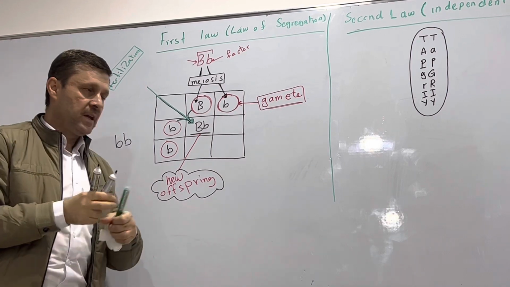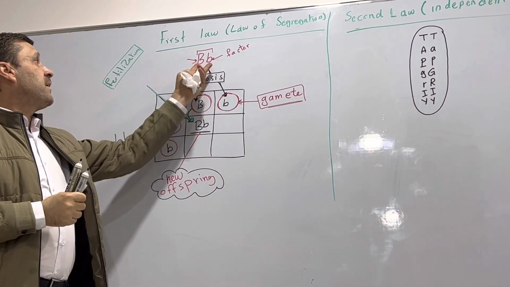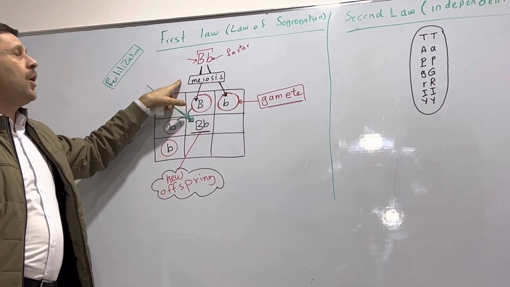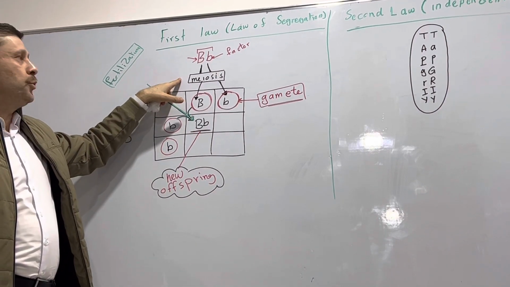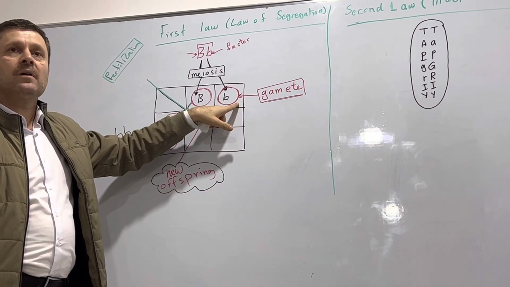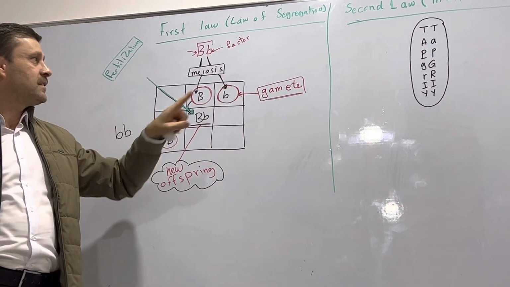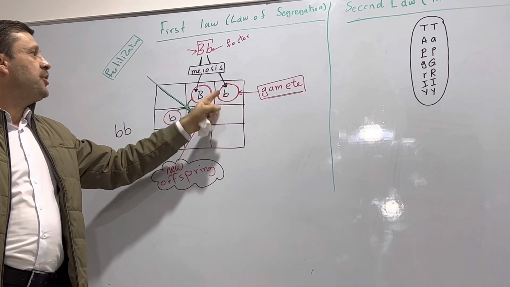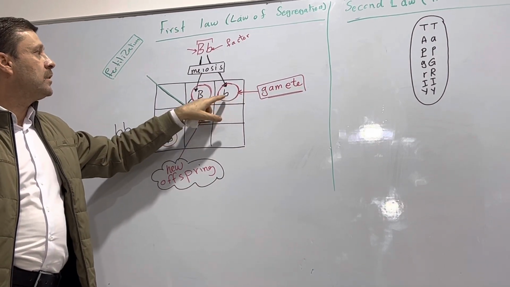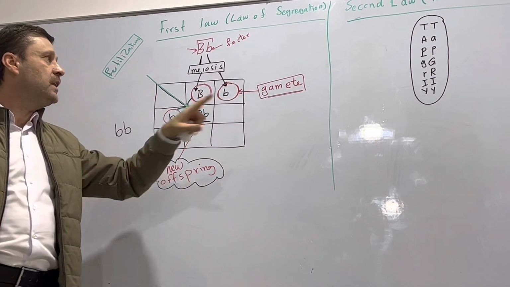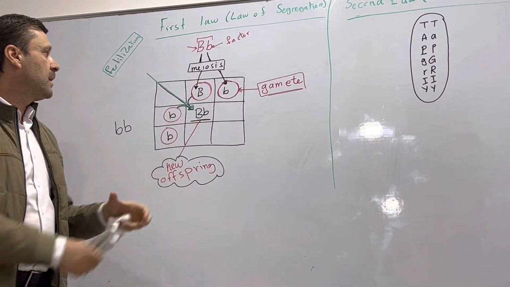First question. A pair of factors, when do they separate? During gamete production. Two. Each gamete contains how many factors for a trait? Only one. Three.